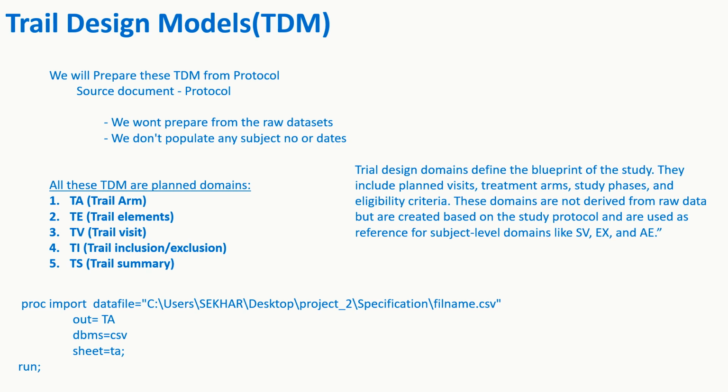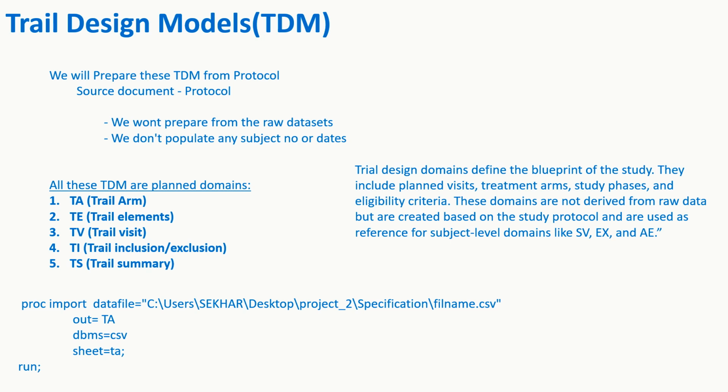Trial design domains define the blueprint of the study. They include planned visits, treatment arms, study phases, and eligibility criteria. These domains are not derived from raw data.